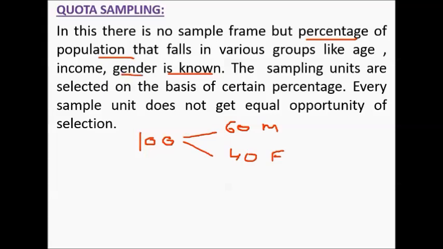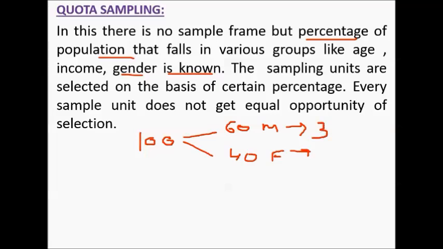In this case, the sample units are selected on the basis of a certain percentage. So here we have 60% male, 40% female. Suppose it's not possible for you to interview 60 males and 40 females. Then what will you do? You will divide them in equal proportion.